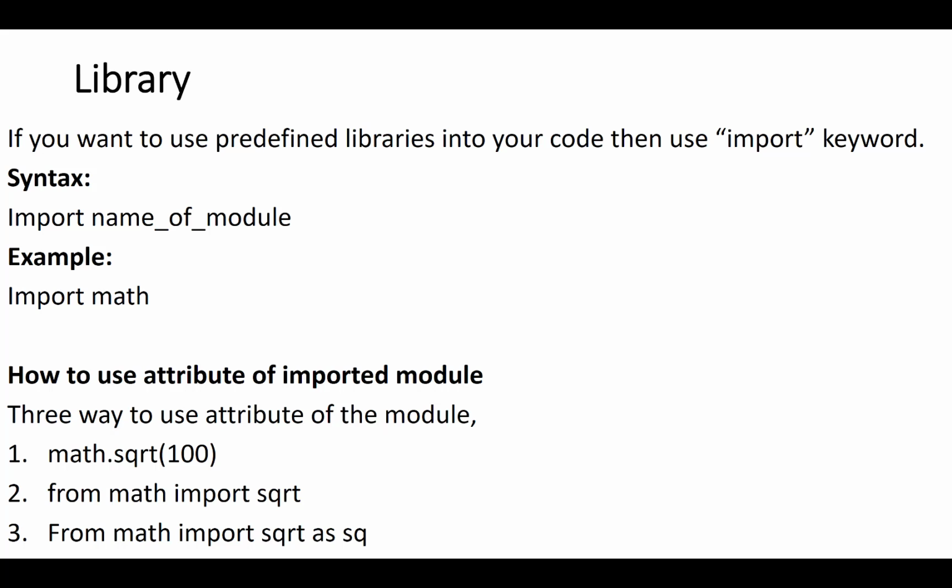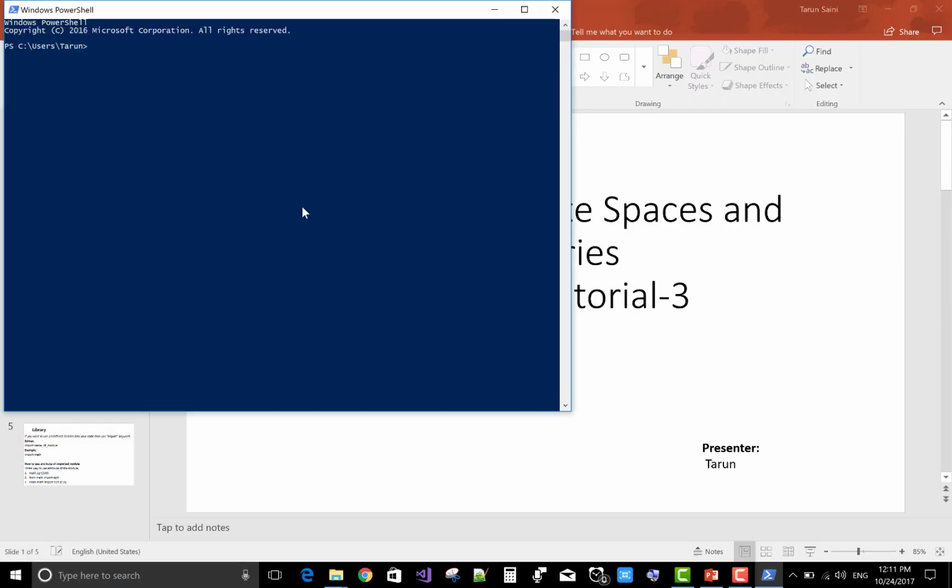So let's check an example in Windows PowerShell with Python code. Start with a for loop: for i in range 5, separated with a colon, and start your body with four white spaces: 1, 2, 3, 4.